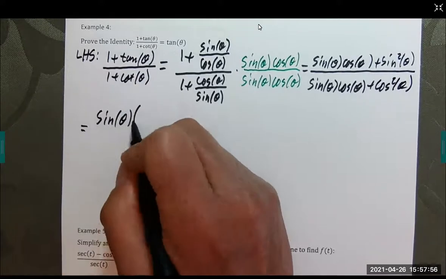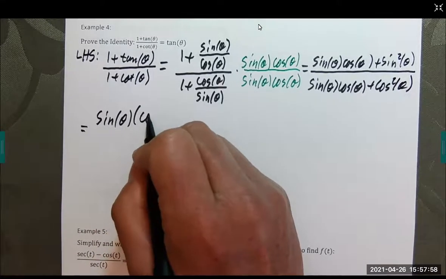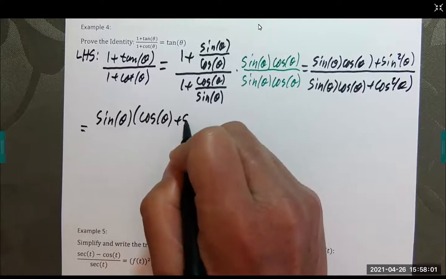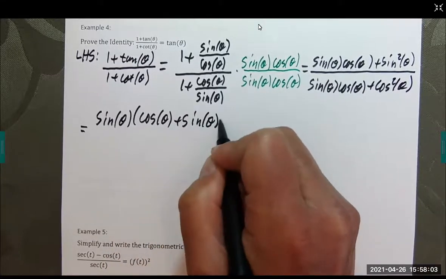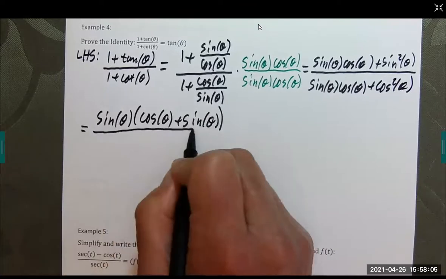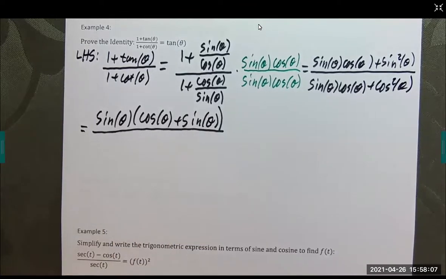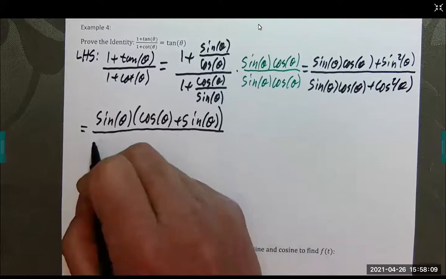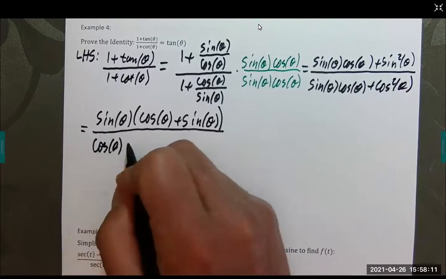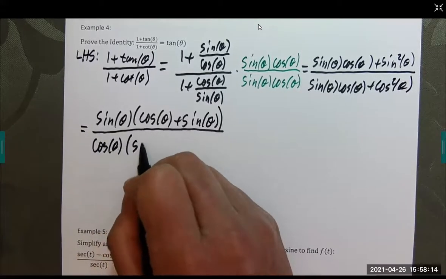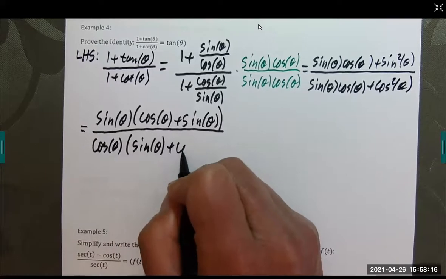And I'm left with cosine theta plus sine theta. And down below, I have a cosine that I can factor out. And I'm left with sine theta plus cosine theta.